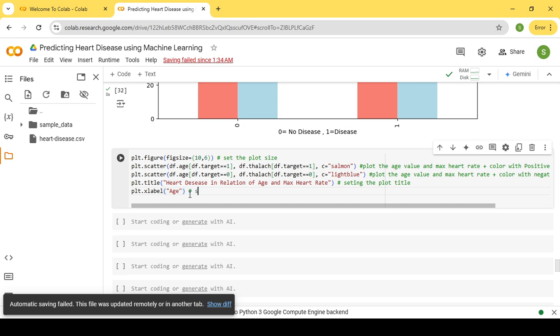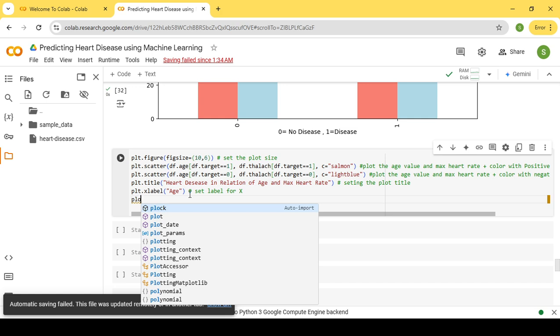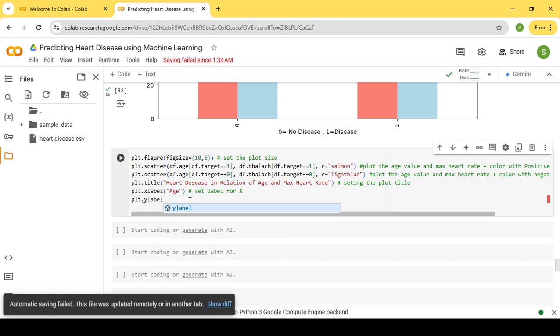Here we can say set label for, then let's set it also for the y label. That is going to be the max heart rate.